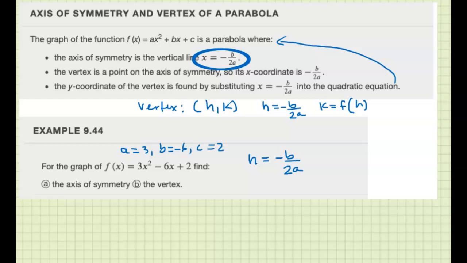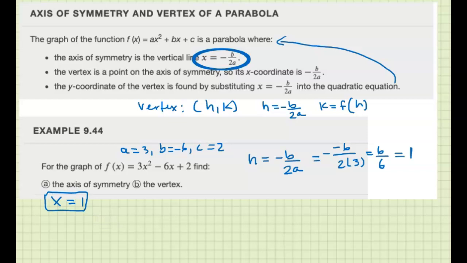It's the same a, b, c that you use to solve a quadratic equation with the quadratic formula. So we have negative of negative 6 over 2 times 3. Positive 6 over 6 gives me 1. Okay? So x equals 1 is the axis of symmetry.